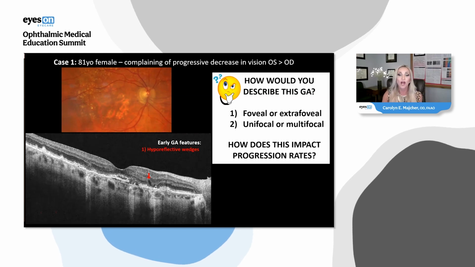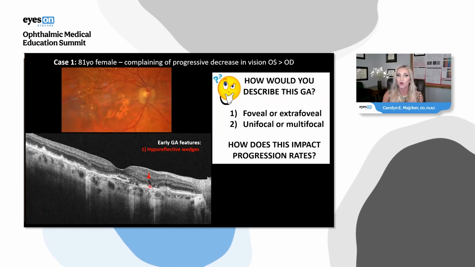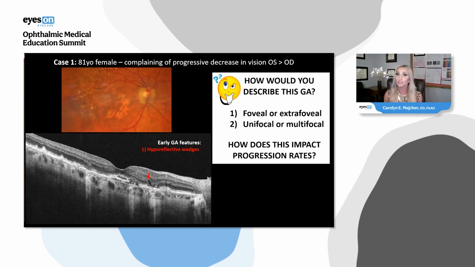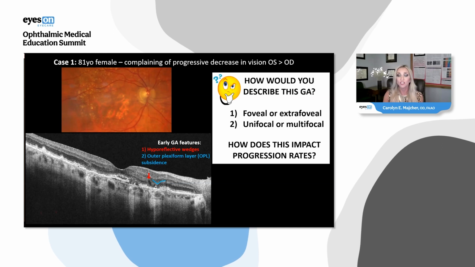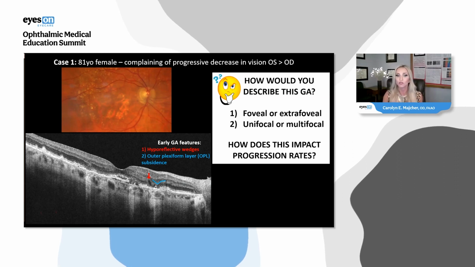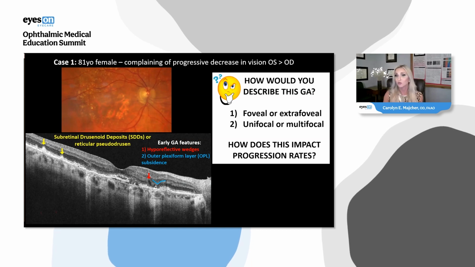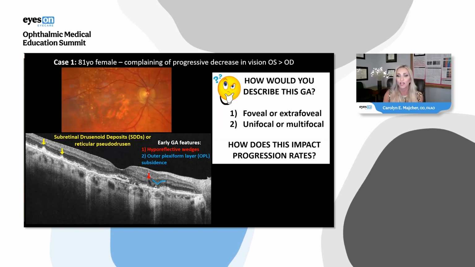The first one are hyporeflective wedges. These are dark triangles where the base rests on the surface of the RPE. They usually border areas of geographic atrophy. The second is subsidence or sinking of the outer plexiform layer, where it's sort of V-shaped and dropping down into that area of photoreceptor loss. Then subretinal drusenoid deposits or reticular pseudodrusen, which Jess already very nicely pointed out, is a risk factor for geographic atrophy and advanced AMD in general.